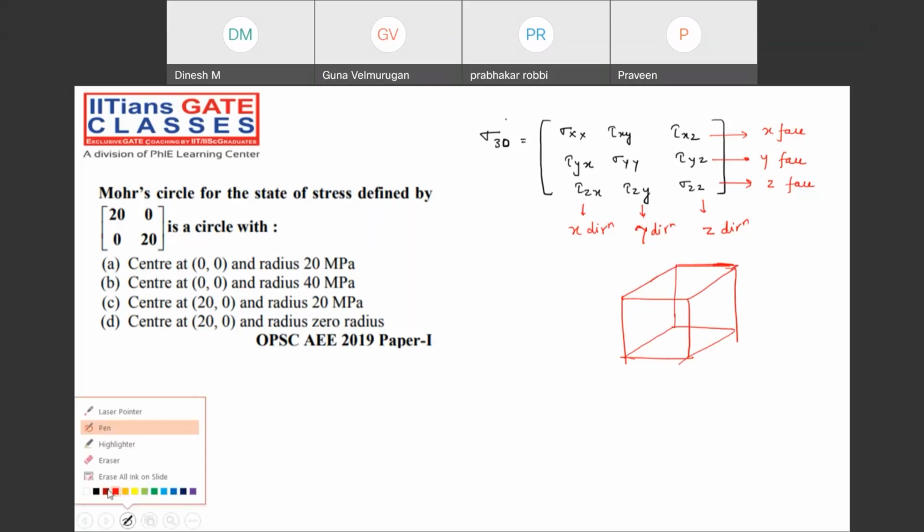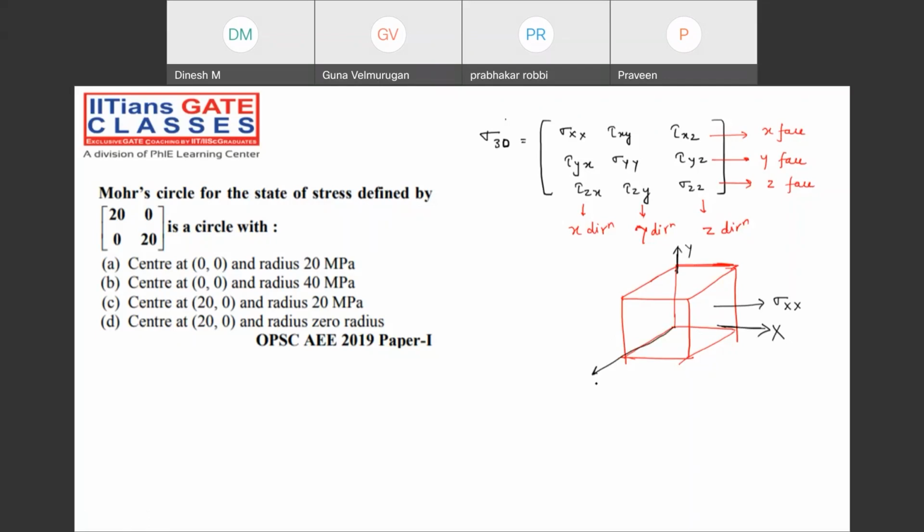So in this cubical element, my dear friend, if I want to show sigma xx, what is the meaning of sigma xx? Suppose I'm taking this axis to be the x axis, this axis to be the y axis, and this axis to be the z axis.